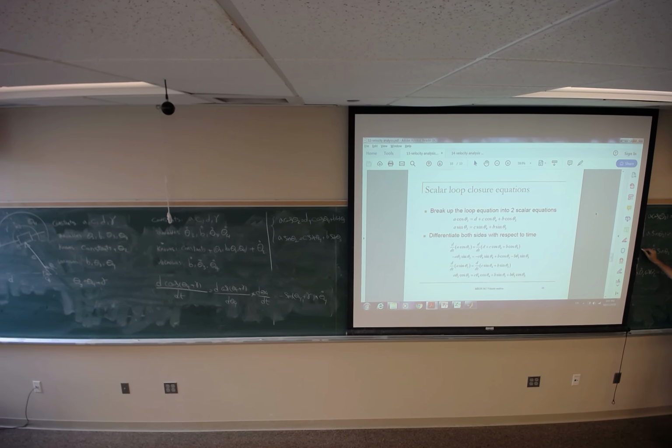Equation 1, equation 2. B dot and theta dot 4 are the variables, so we should keep them on one side and move the other terms to the other side. For the first equation, I should keep this theta 3 and have the constant part on the other side.